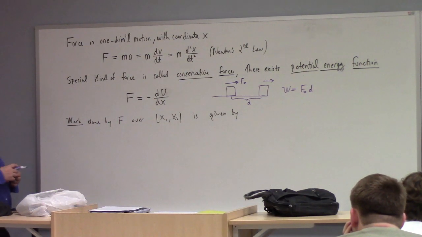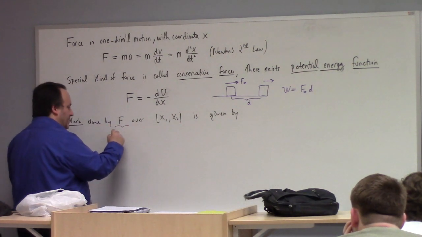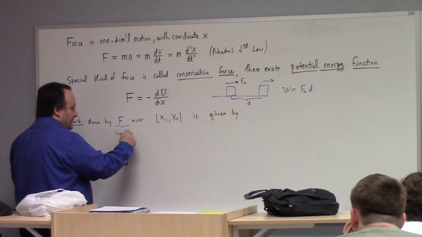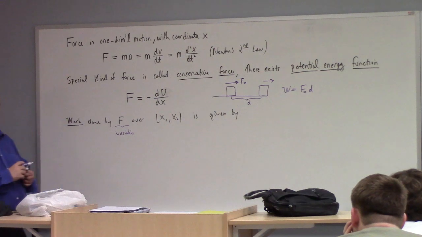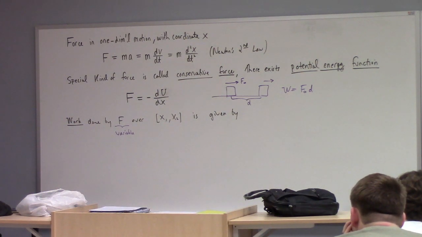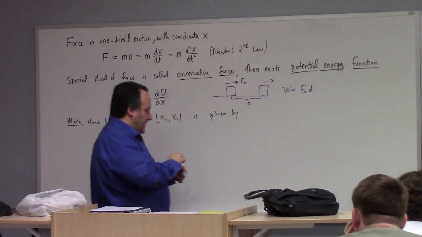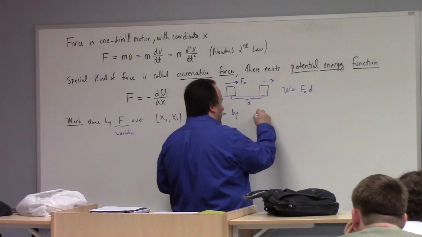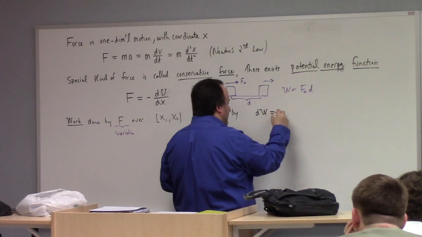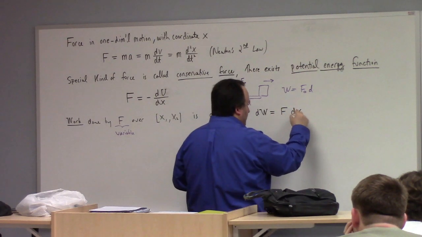But the thing is, if this force varies, if it's a variable force, right? If the force is not constant, then the question is if you displace some object, some mass m from x1 to x2, you can't just multiply by the force because the force is variable. Which force do you multiply by? F of x1 or F of x2? But what you can say, if you think about it, is that the infinitesimal work done by just a little displacement should be F dx, right?